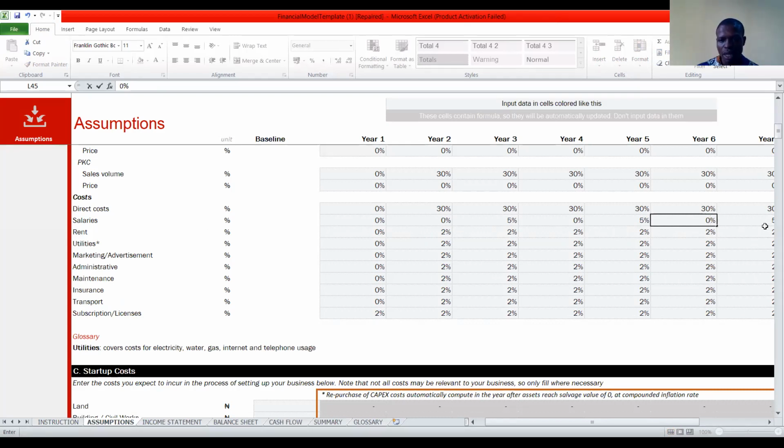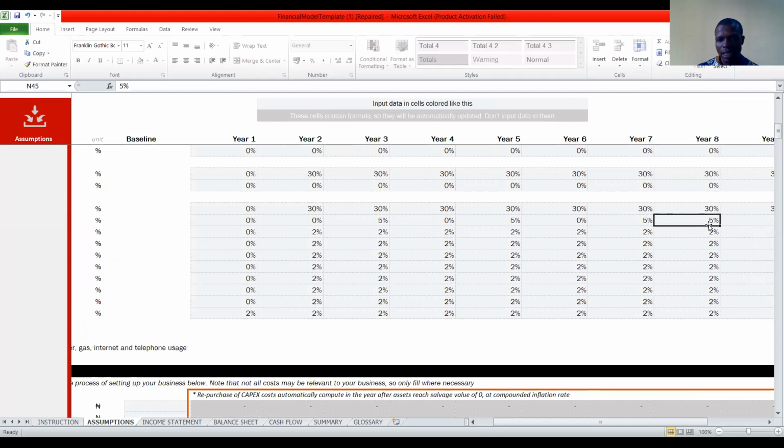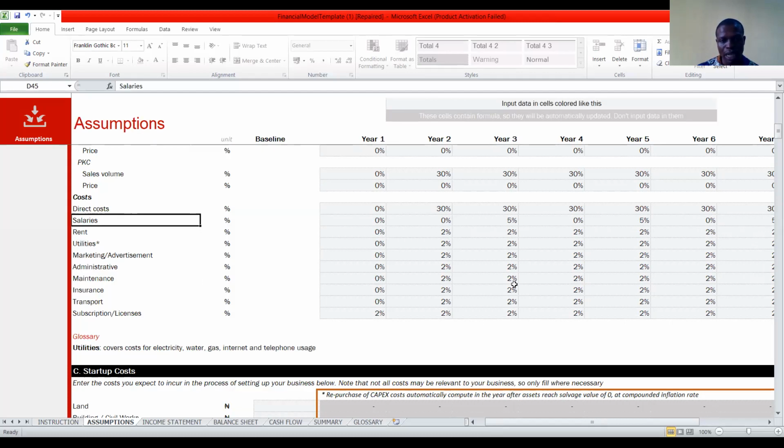Then subsequently, you can later have a continuous stable increase. But that first 5 years is key in your projections.